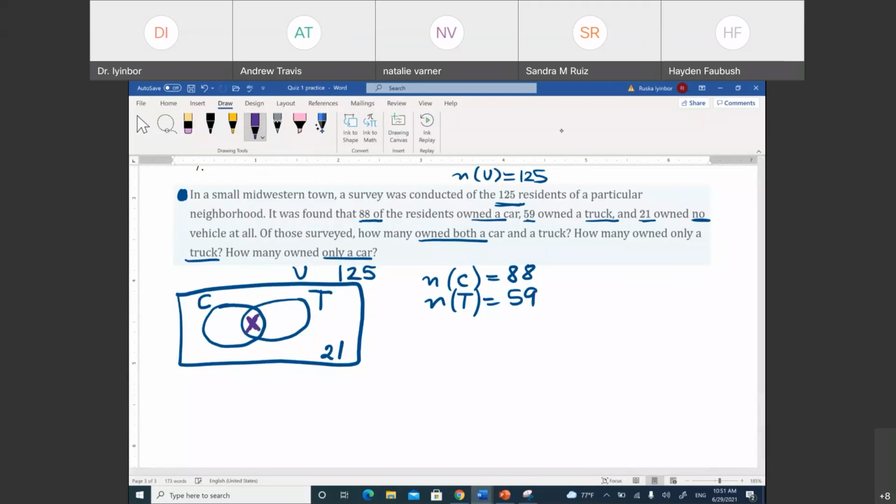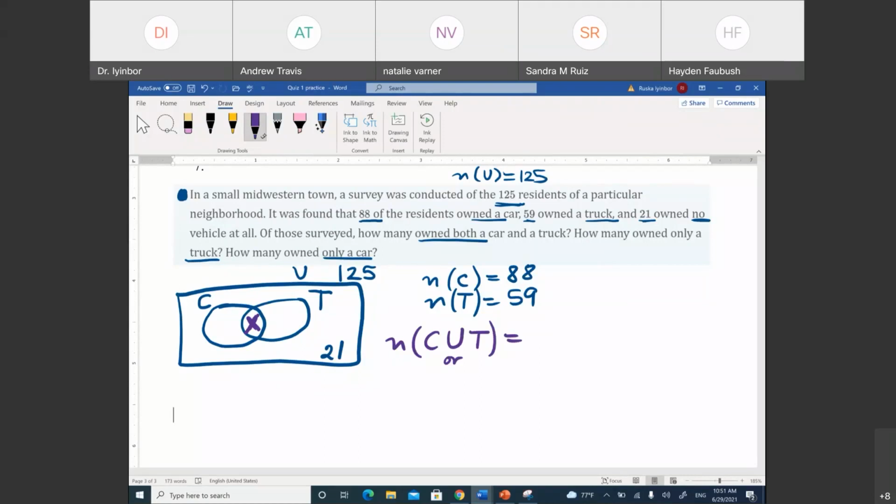What is X? How are you going to find this? Can I find how many own a car or truck? Well, you know that 88 have a car and 59 have trucks.